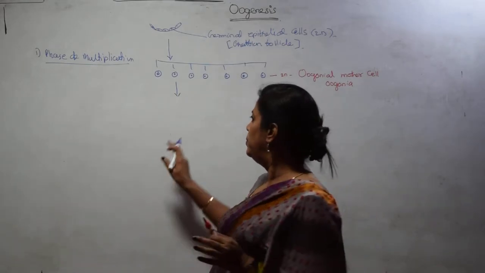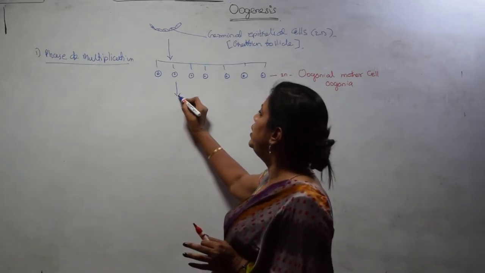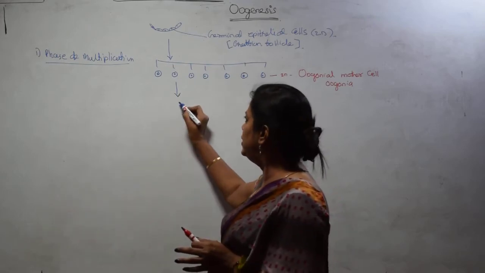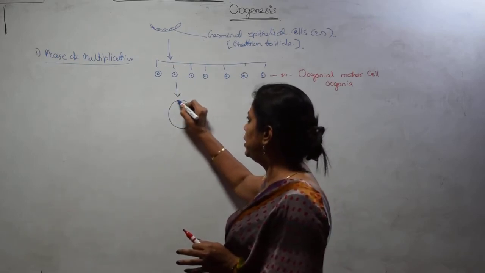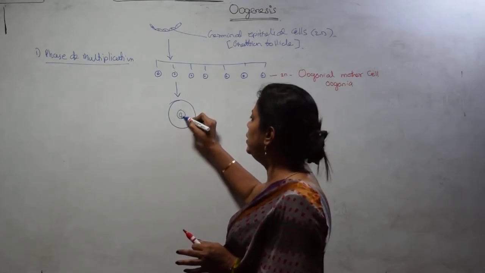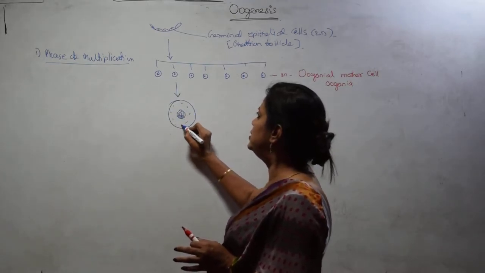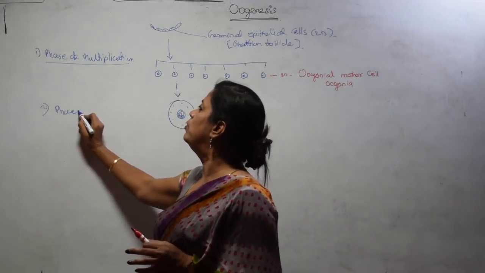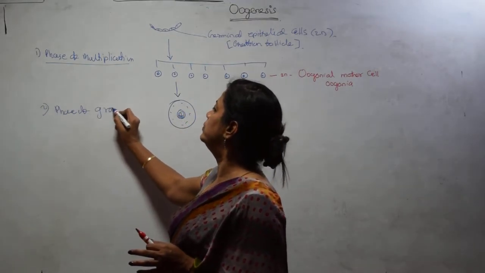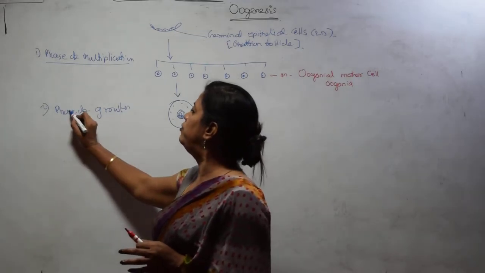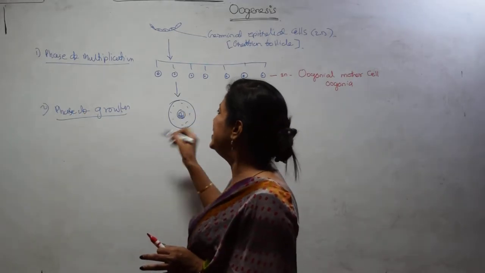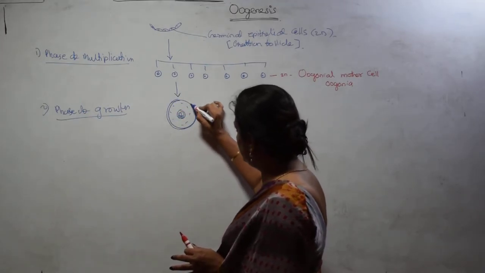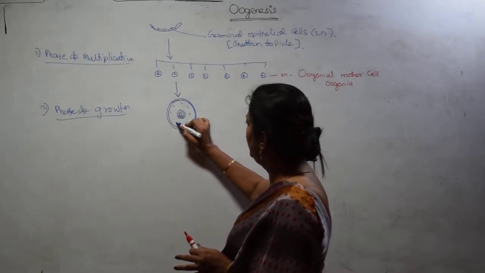But here, as humans, we don't need such a huge egg. It will enlarge a little bit, but still it is better than what we drew in spermatogenesis. This is the second phase, we call it the phase of growth, where there is an increase in the size of the structure.